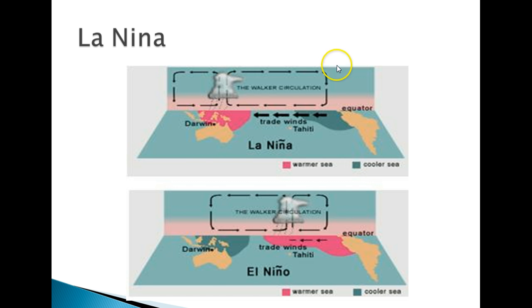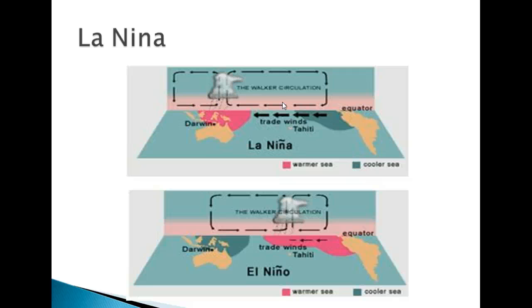Now, characteristics of La Nina. The large pool of warm water in the Pacific shrinks, write this down, because the east trade winds strengthen and carry colder surface water from the east to the west. This reduces the overall temperature of the surface water.